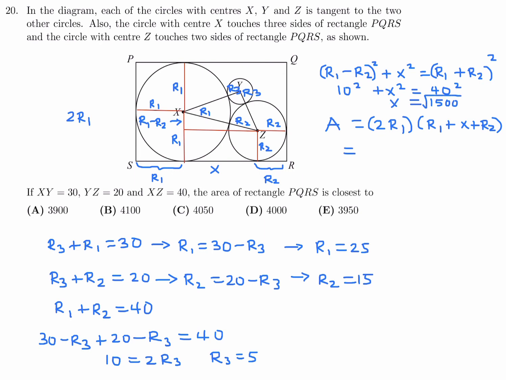Now the area would be 2 times R1, which is 50, times 25 plus root 1500 plus R2, which is 15. And get out your calculator, do the number crunching, and when you do, you get 3936 approximately. And that is closest to 3950. Number 20, the answer is E.